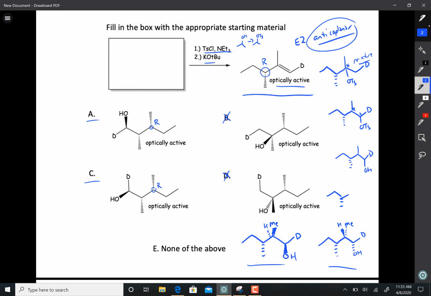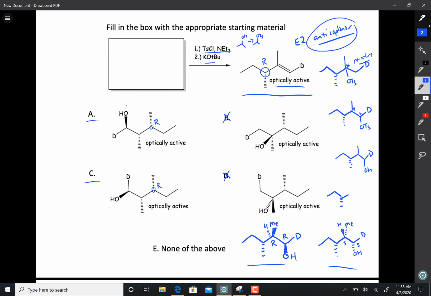And again, we can compare R and S on these. This is an R chiral center, and this is an R chiral center. So we're either looking for an RR, or this is an S chiral center, this is an S chiral center, or an SS.